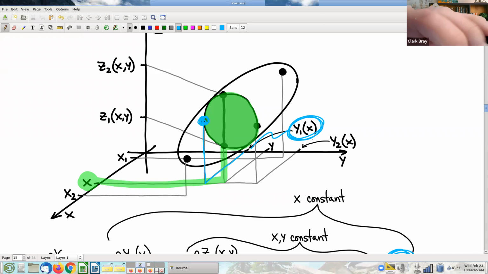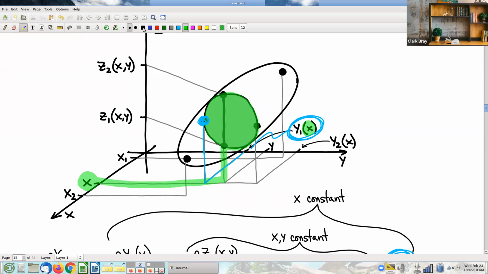Notice it depends, of course, on x. So this is a function of x. Because you can look at the picture: if you take a different value of x, you're going to be looking at a different green cross section, and different green cross sections are going to start and end at different places. Of course they are. So that will be a function of x. It won't be some closed value.